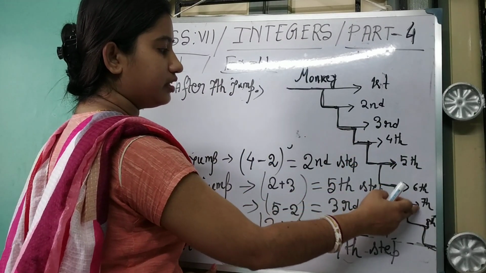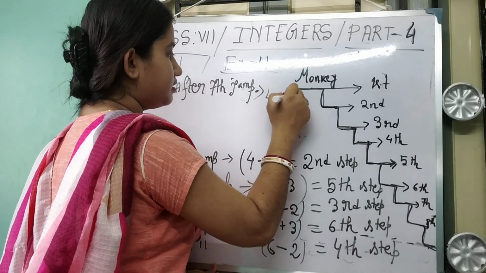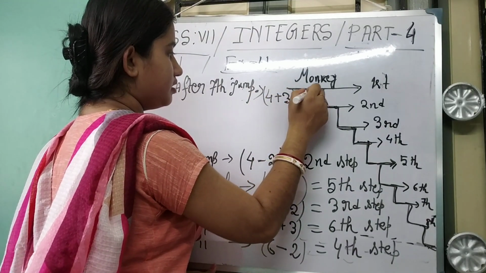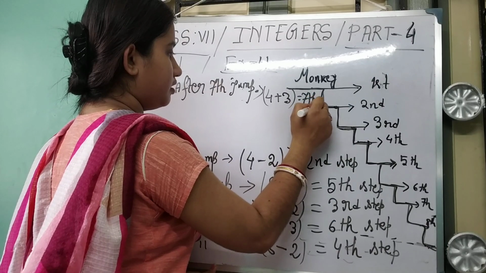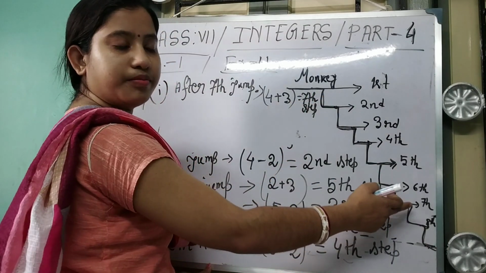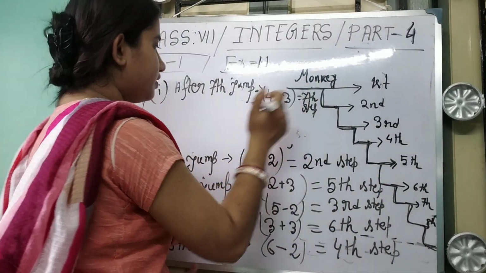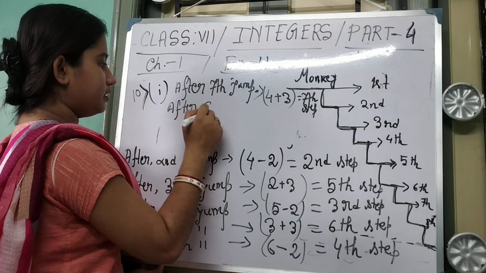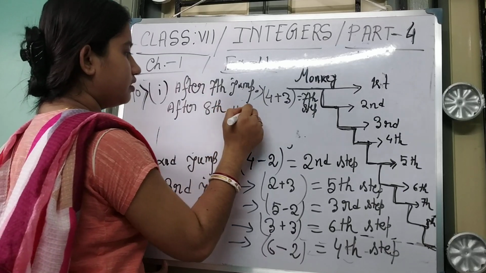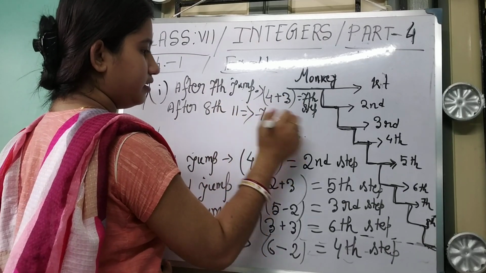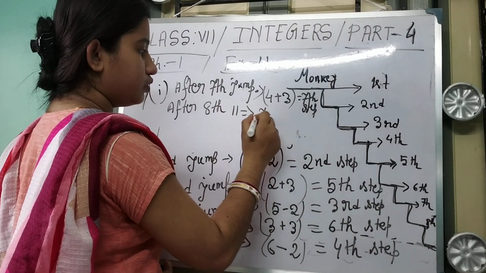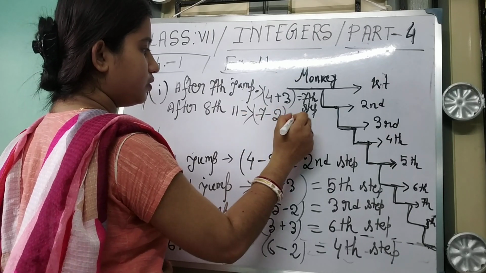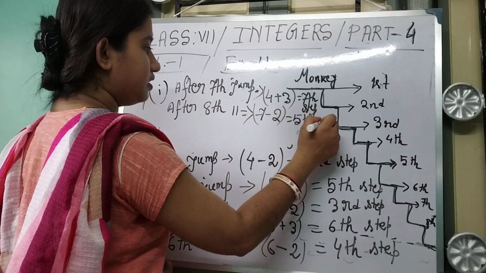So 1, 2, 3, we get 4 plus 3, that means the 7th step. Next, the monkey jumps 2 steps up. So after 7, next is 8. This is 7 minus 2, 2 steps up. So 7 minus 2, that means the 5th step.